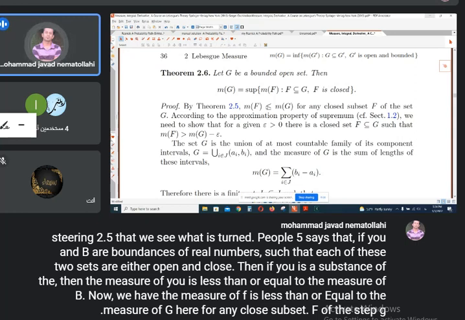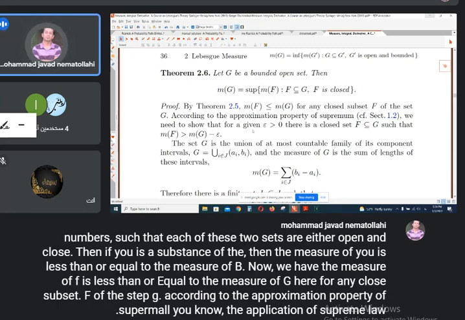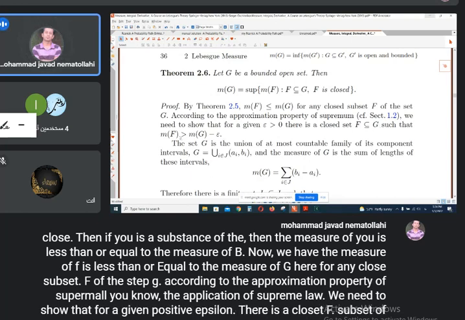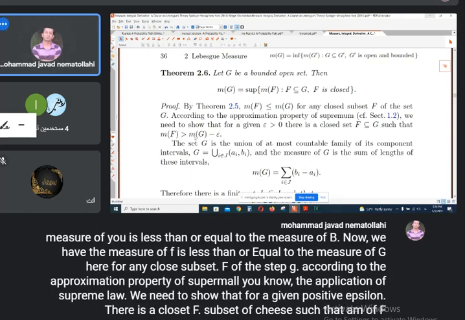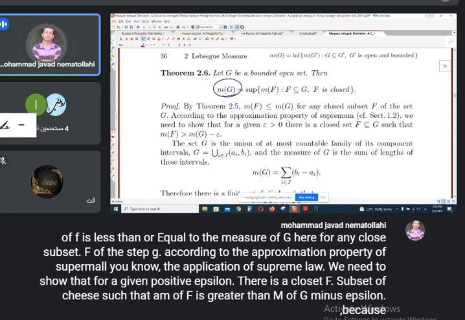According to the approximation property of supremum, the definition of supremum, we need to show that for a given positive epsilon, there is a closed set F subset of G such that M of F is greater than M of G minus epsilon, because M of G is the supremum of these sets.